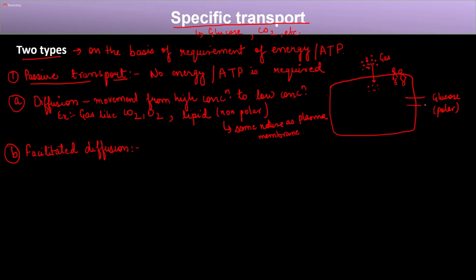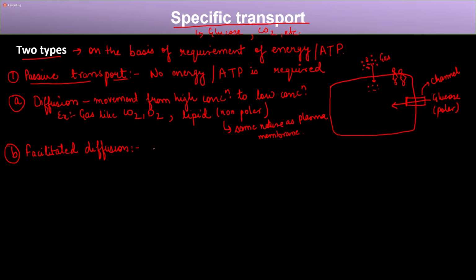Because of their opposite nature, glucose requires a special kind of protein through which it moves. This special kind of protein is called a channel. So although the movement of glucose from outside to inside does not require energy, it requires a special kind of protein.